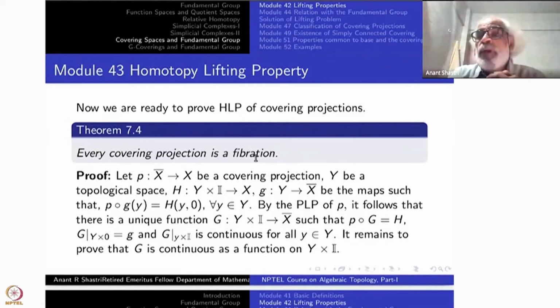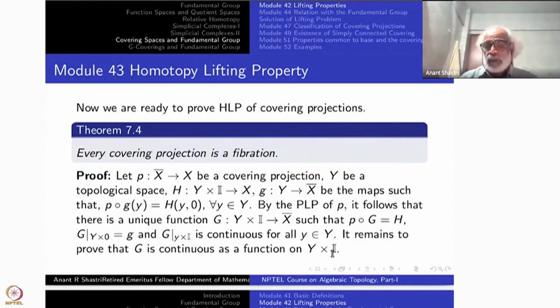So this is the point of the path lifting property. The homotopy of each point here is nothing but a path. So what we have to do is show G is continuous as a function from Y cross I to X bar. This is all we have to prove.